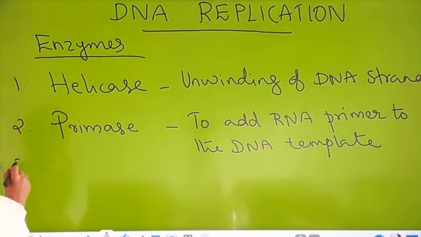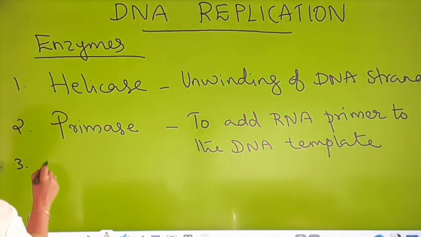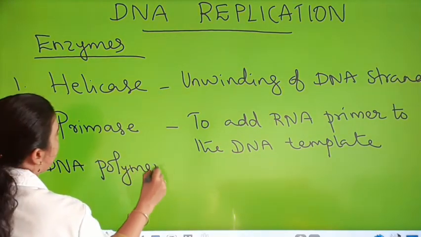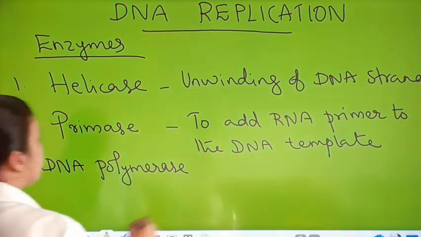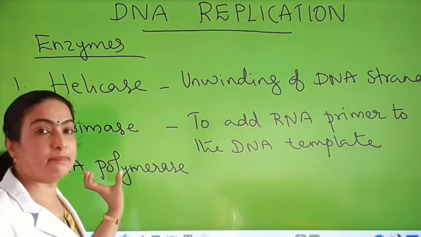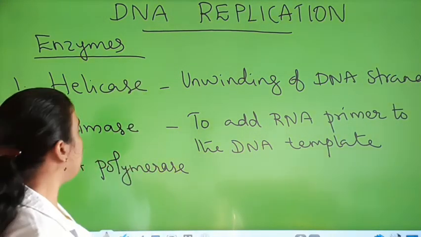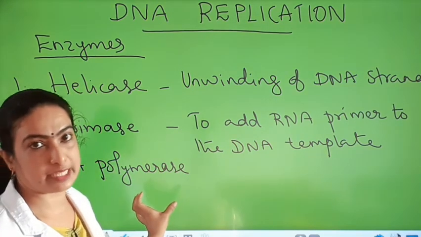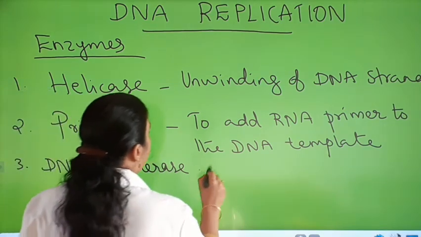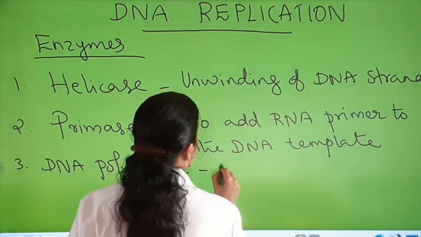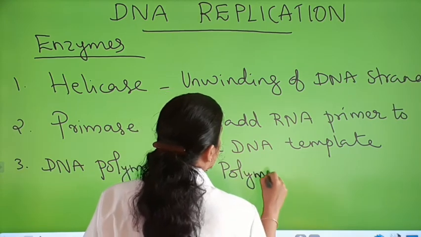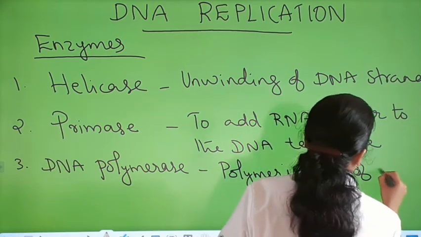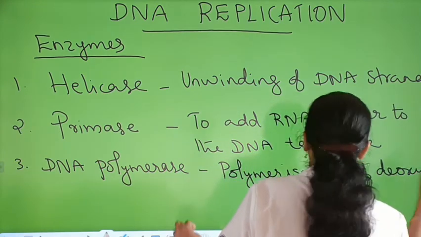And next, the third one is the DNA polymerase enzyme. This DNA polymerase enzyme is the most important enzyme in DNA replication. It is also known as DNA dependent DNA polymerase enzyme. It catalyzes the polymerization of deoxyribonucleotides.